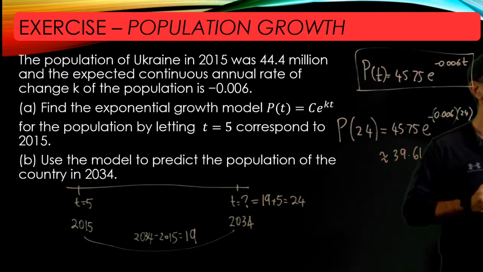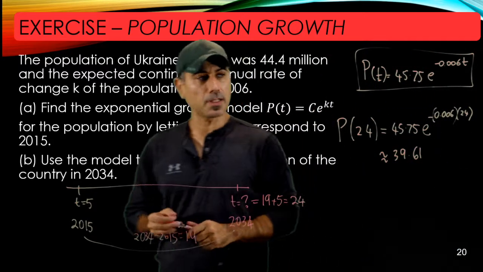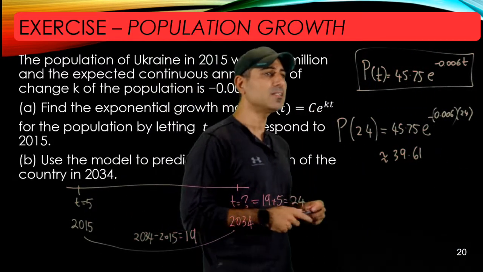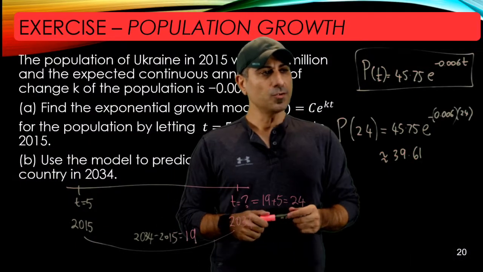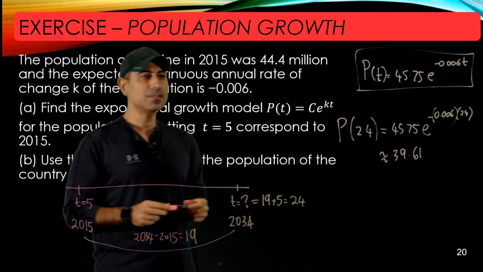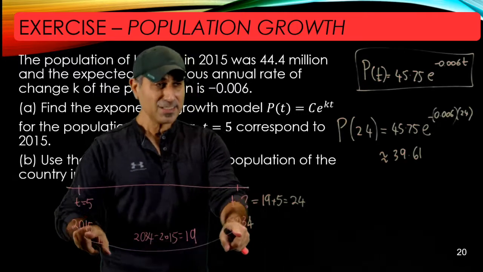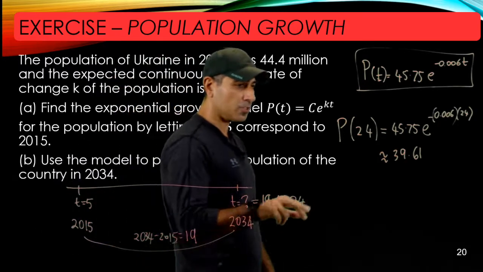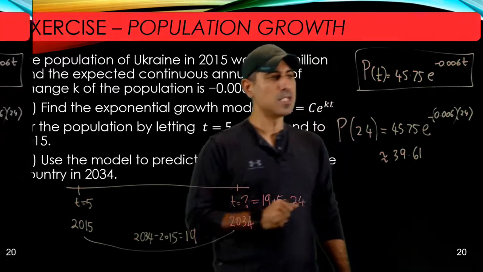This tells us that if you start with the population of 44.4 million in 2015, in 19 years the population is going to go down to 39.61 million.